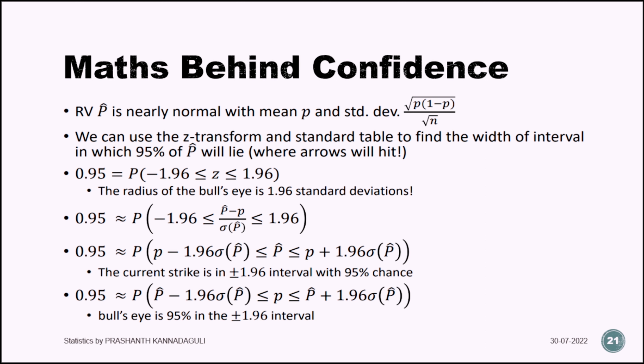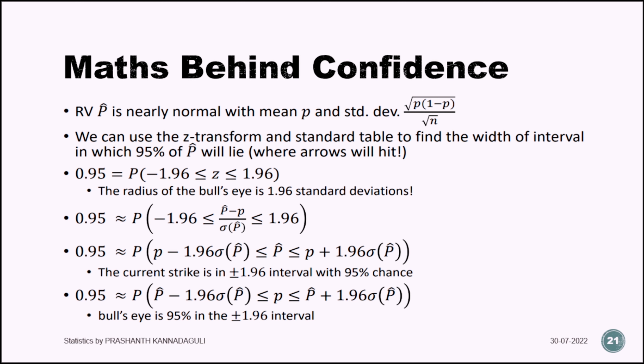If you convert that into a Z, and Z lies between minus 1.96 and plus 1.96, it means I hit a point, I draw a 10 centimeter radius circle, and I'm 95% confident that the radius of the bull's eye is 1.96 standard deviation. In mathematical words, I can put 95% confidence this way: the radius of the bull's eye is 1.96 standard deviation. It's a mathematical sense, that's all.